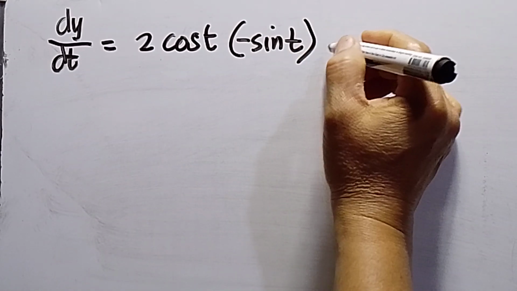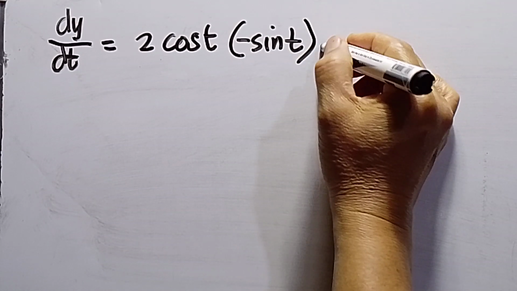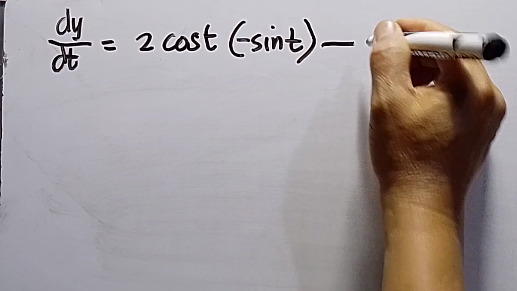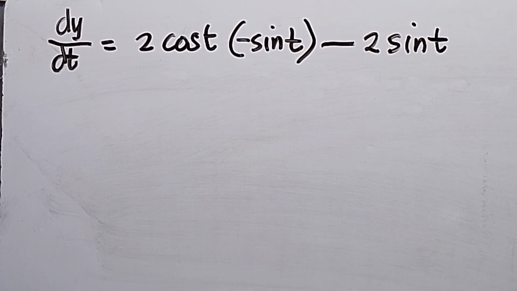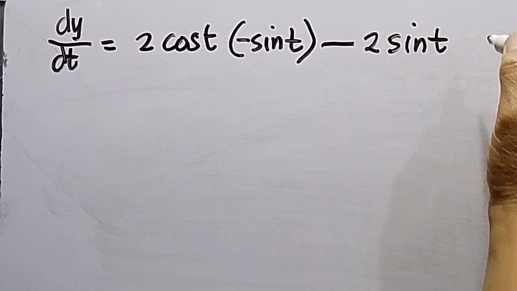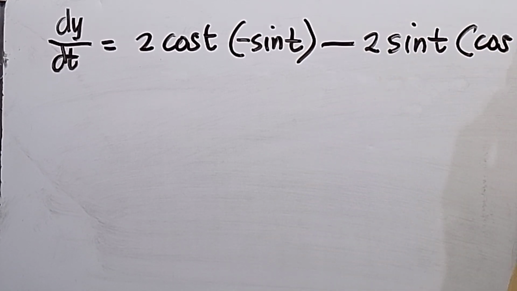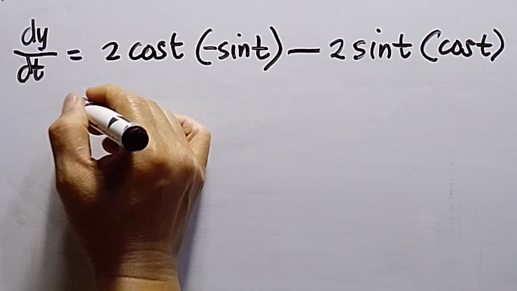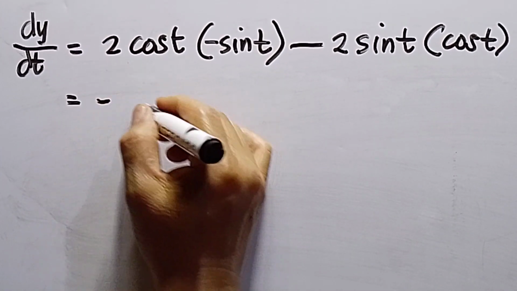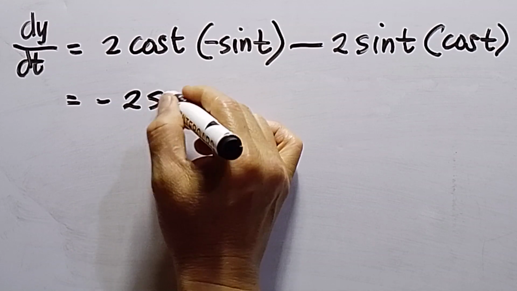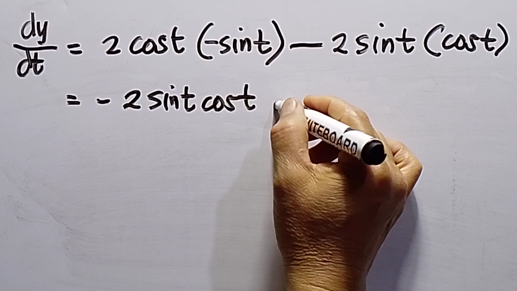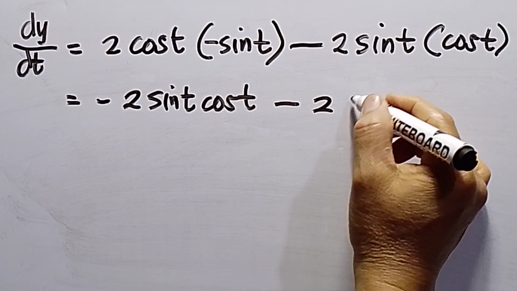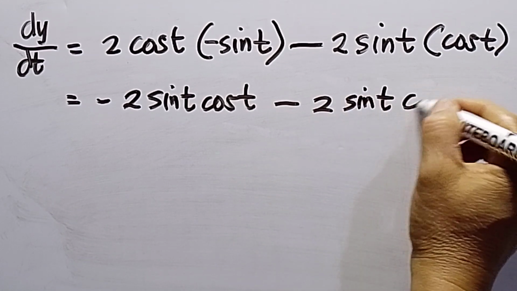Then minus derivative 2 sine t. Then derivative of sine is cosine t. So this will be minus 2 sine t cosine t, and then this will be also minus 2 sine t cosine t.